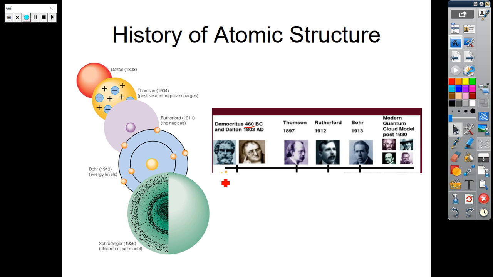Now, philosophers weren't people that actually did any experiments, but this guy Democritus was just theorizing one day and said that what if you took a loaf of bread and you cut the loaf of bread in half, and you cut the halves in half, and you cut the quarters in half, and you kept cutting it into smaller and smaller and smaller pieces. He was thinking that eventually you would get down to some little tiny piece that was indivisible, that could not be split anymore. And so that's actually what the word atom comes from. The word atom comes from the Greek word atomos, which means indivisible.